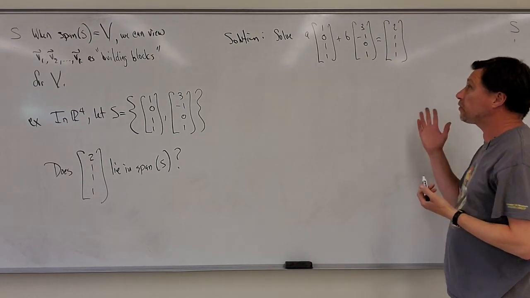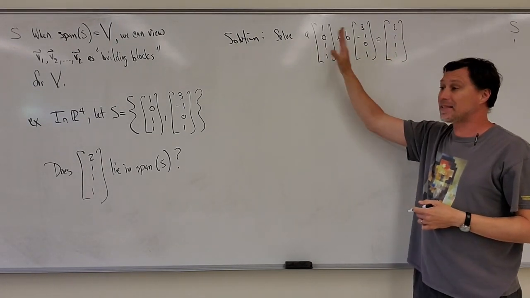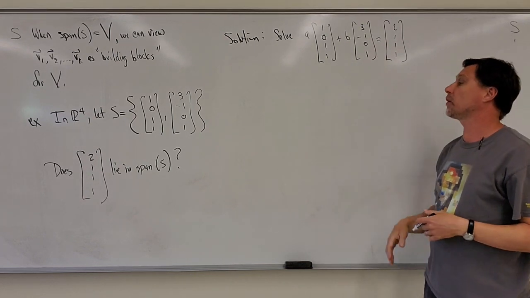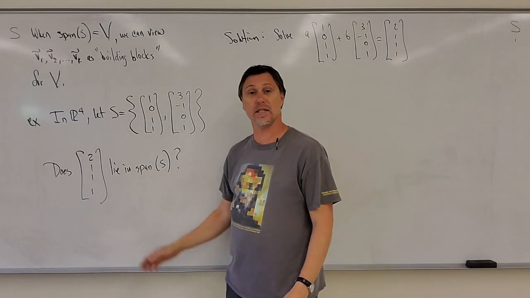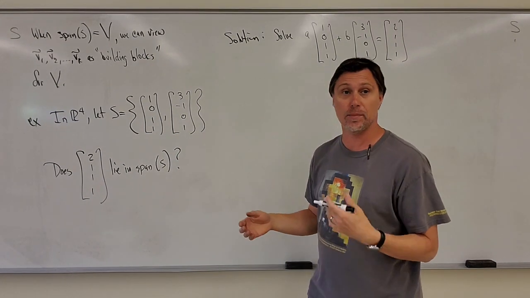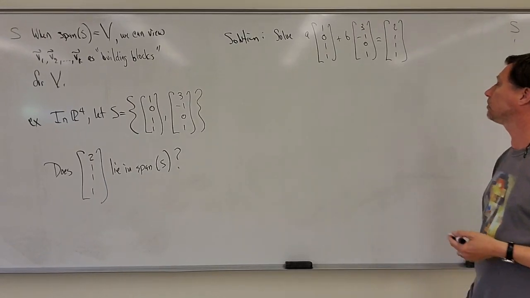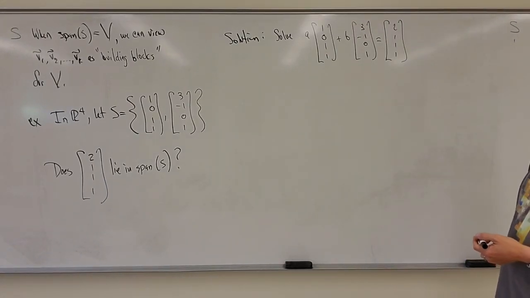So if we can find an A and a B that satisfy this equation, then we'll say yes, this vector lies in the span. If there are no such A and B, then we'll say no, it doesn't lie in the span.